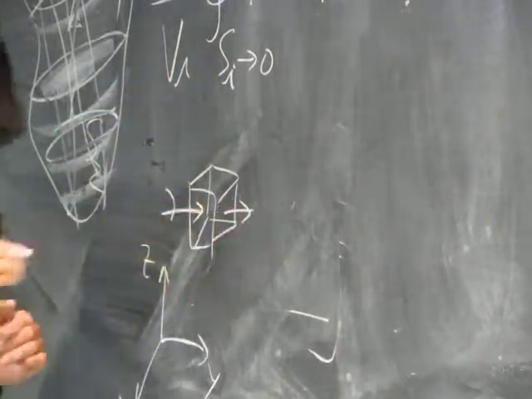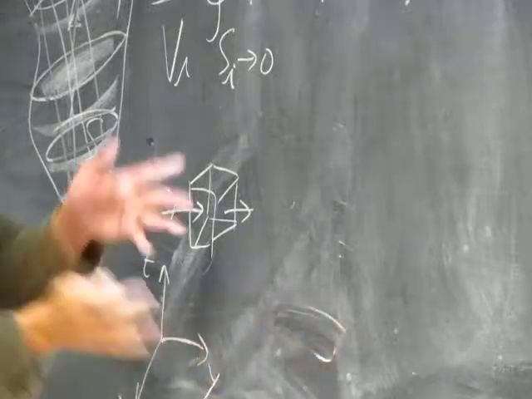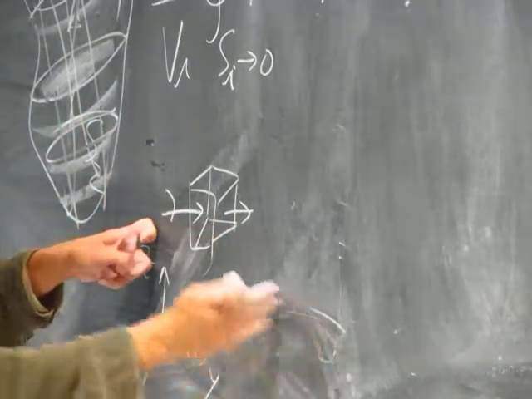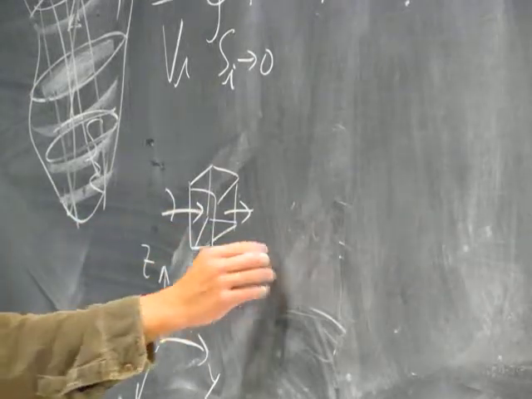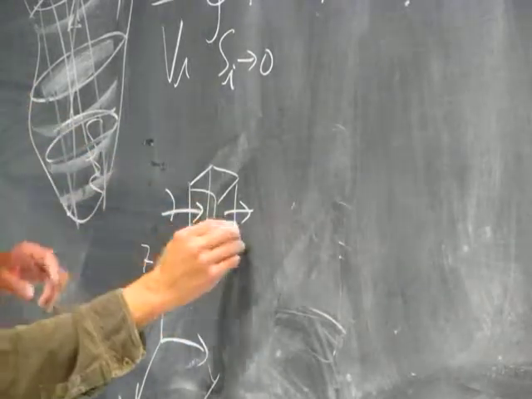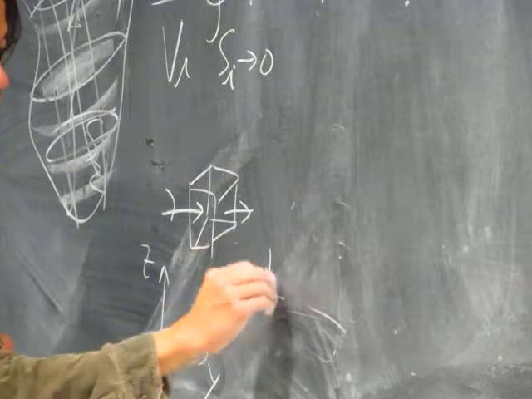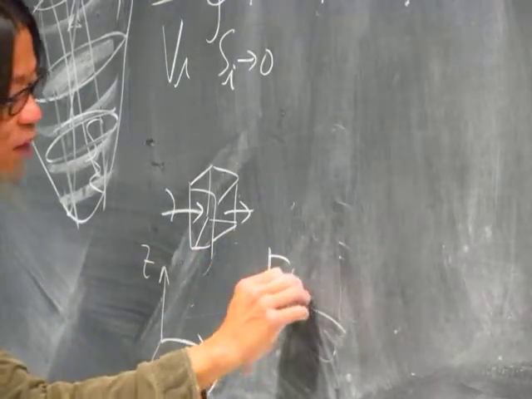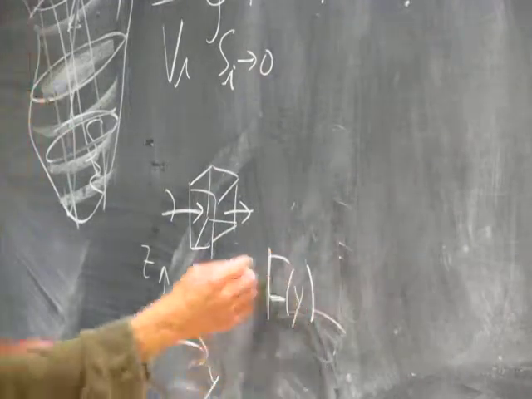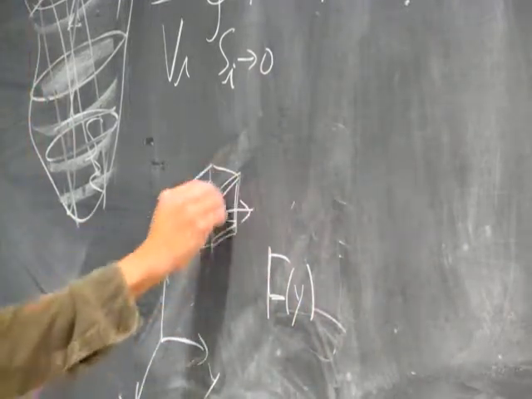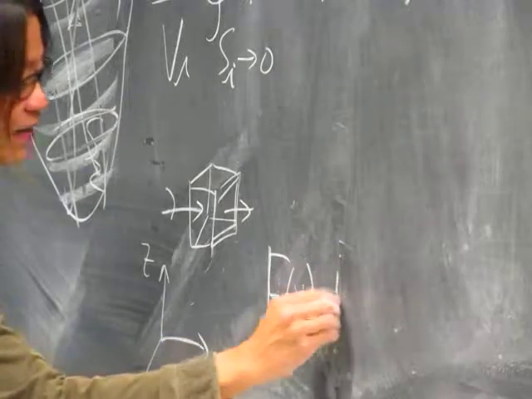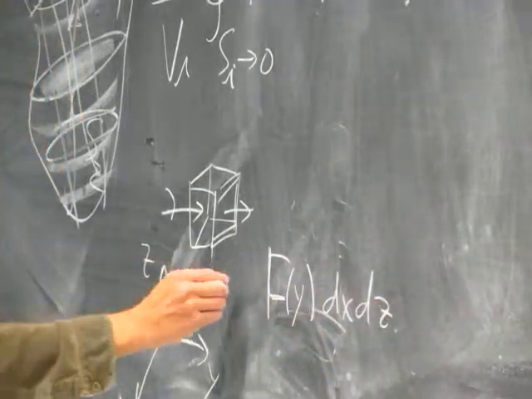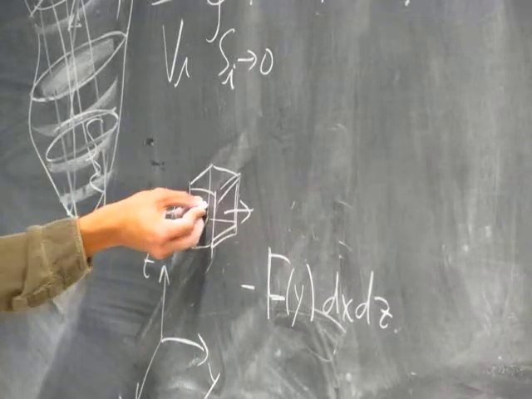The total flux is, first, F at y times the area of the wall, which is dx dz, with a minus sign because the flux is inward.